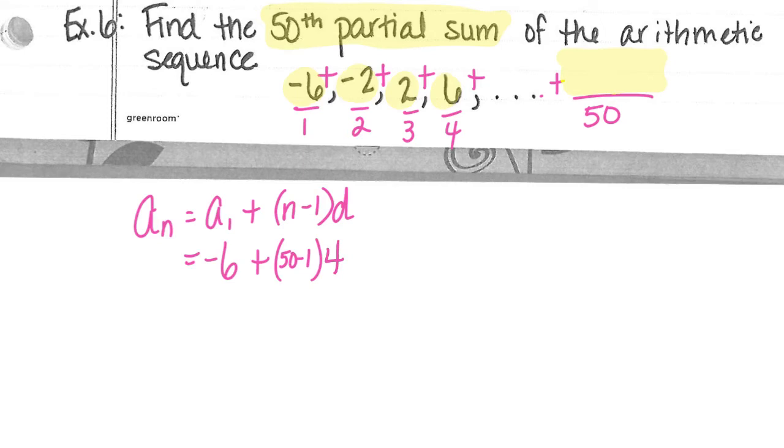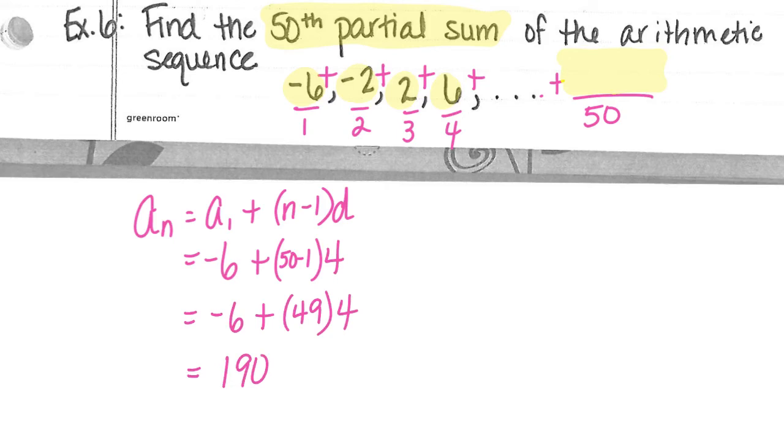Good, I'm going up by 4. So negative 6 plus 49 times 4. And when I calculate this, 49 times 4 minus 6, did y'all get 190?